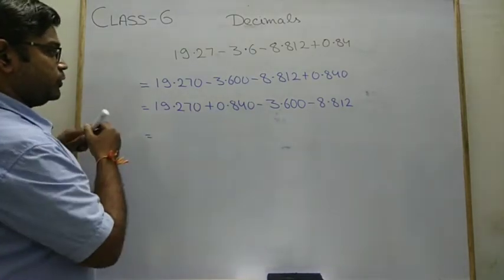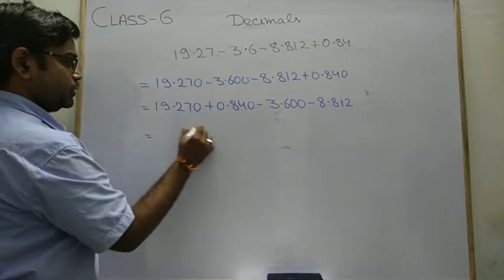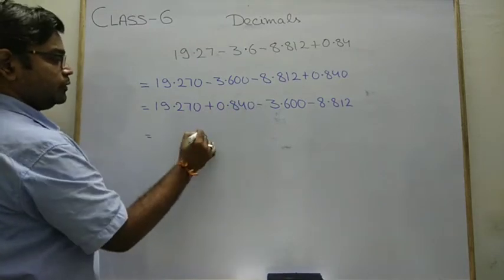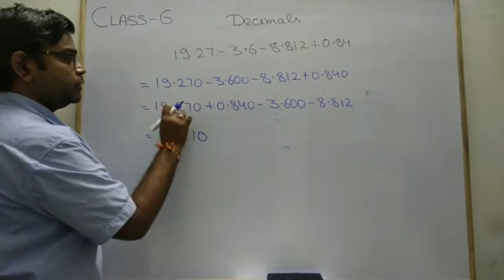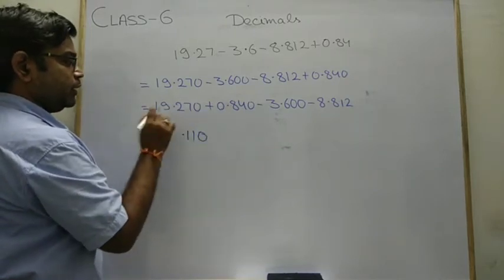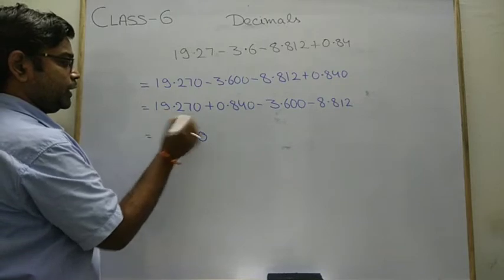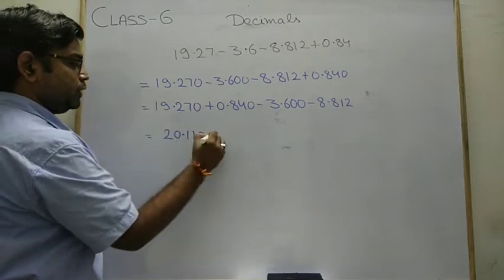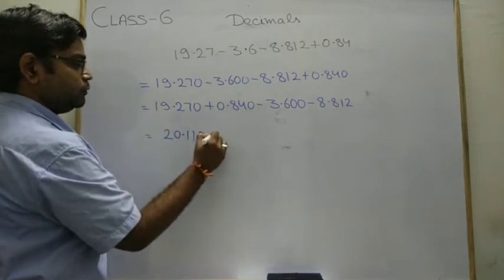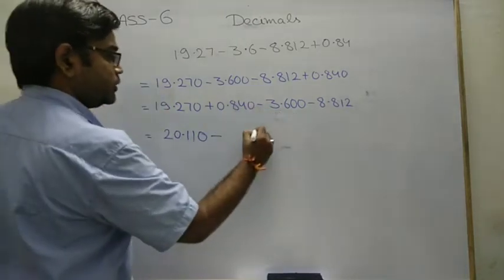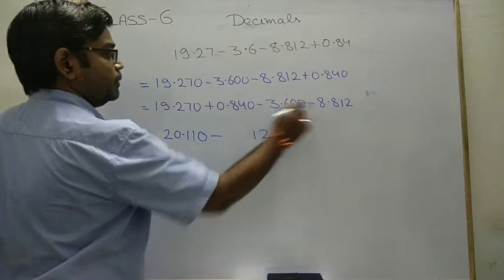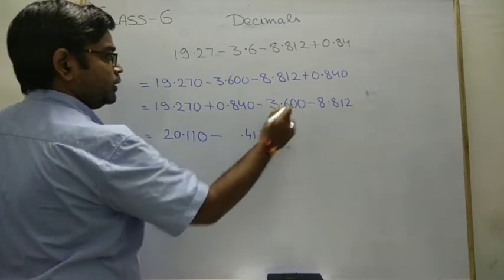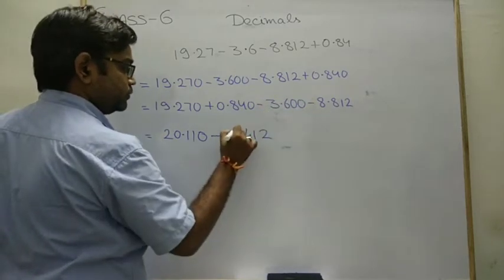This time I am going to use 0 plus 0, 7 plus 4 is 11, 1 carry, 7, 2 plus 1 is 3, 8 is 11, 1 carry, 9 plus 1 is 10, 1 carry, 1 plus 1 is 2, giving 20.110 minus that side, which is 12.412. 0 plus 2 is 1, 0 plus 1 is 1, 8 plus 6 is 14, 1 carry, 3 plus 1 is 4, 8 is 12.